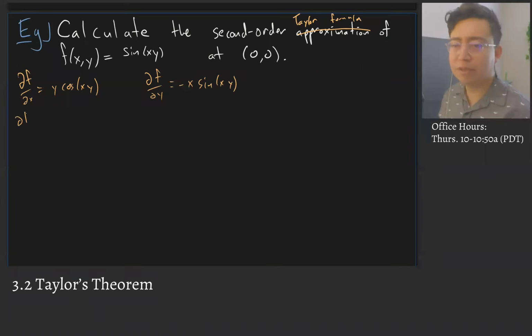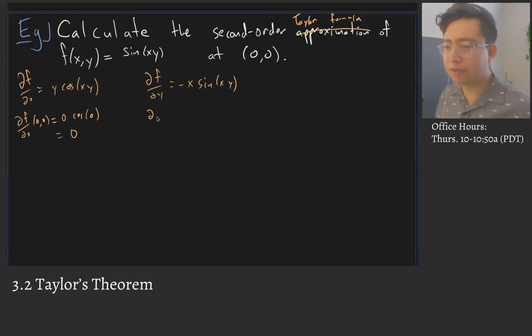So df dx at 0, 0 is just going to be 0 times cosine of 0. Even though cosine of 0 is 1, we still get a 0 because it's times 0. So df dy at 0, 0 is going to be negative 0 times sine of 0. So this is also 0.